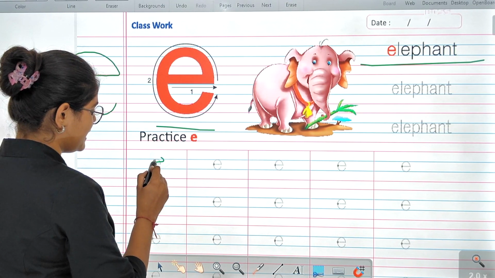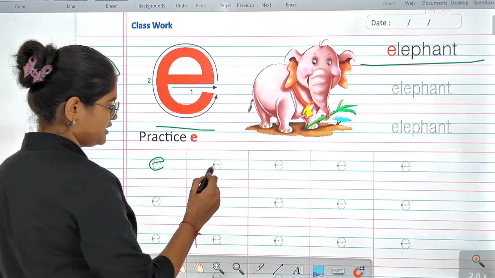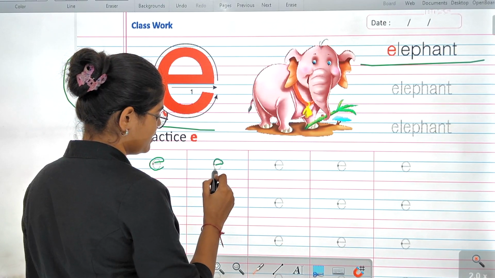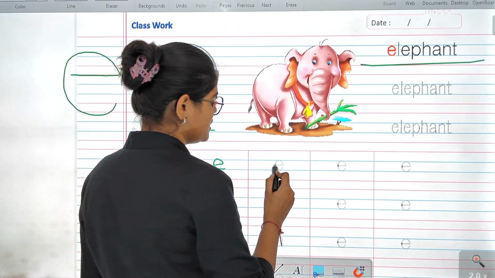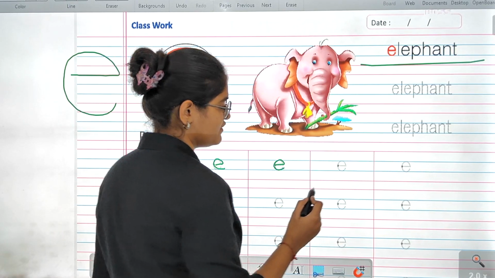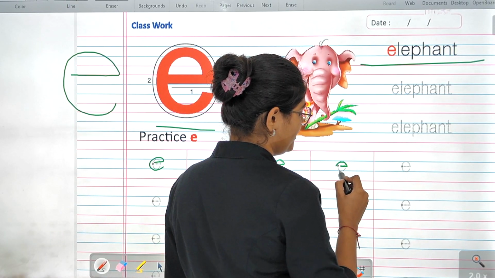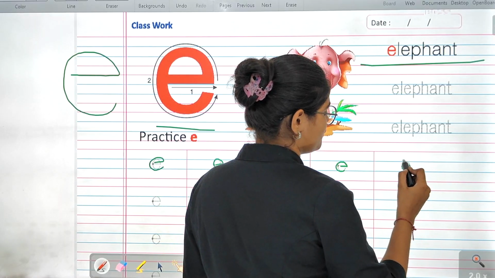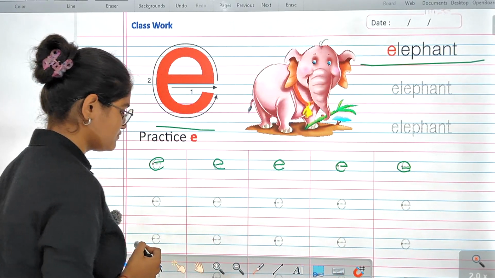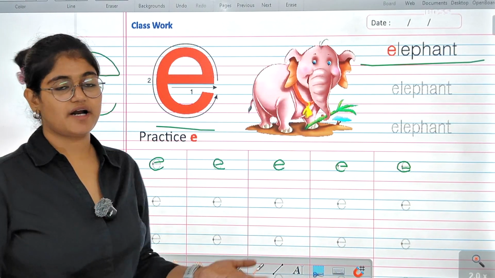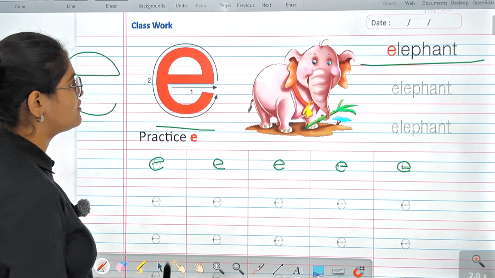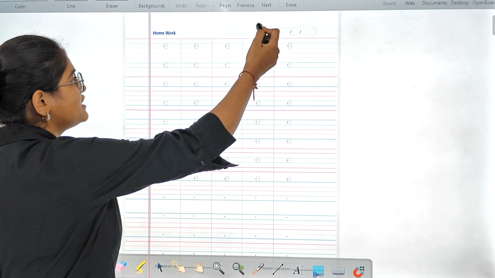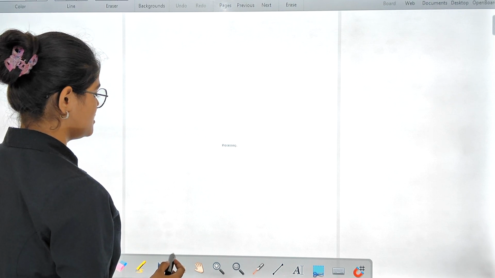One sleeping line and a curve. E for elephant. E for elephant. Right? So now you can practice by yourself and make yourself even better. Now let's move ahead to the next alphabet.